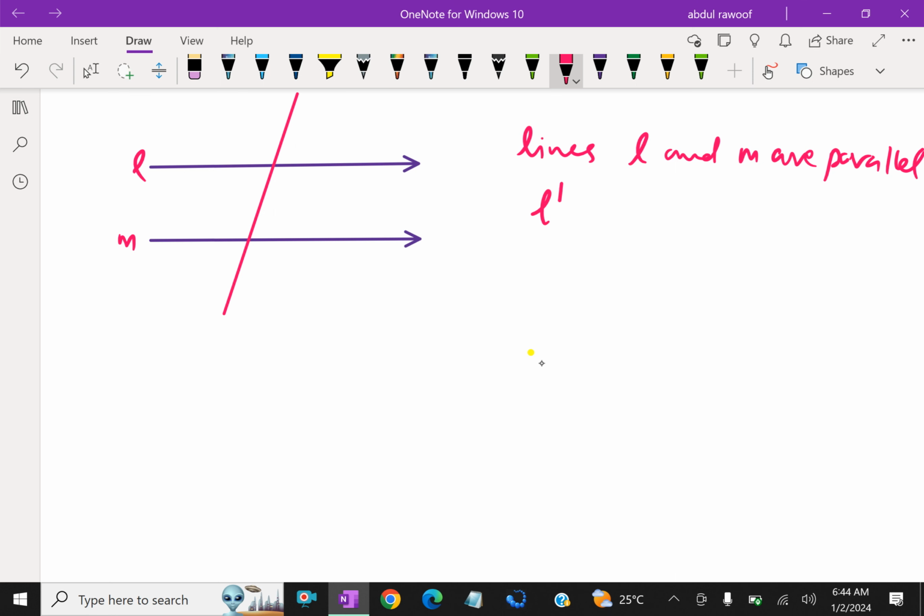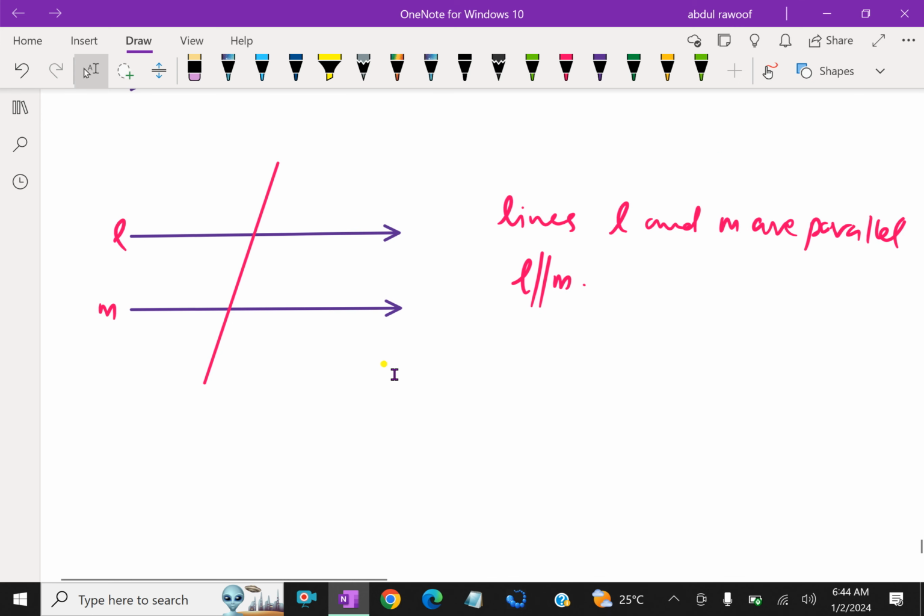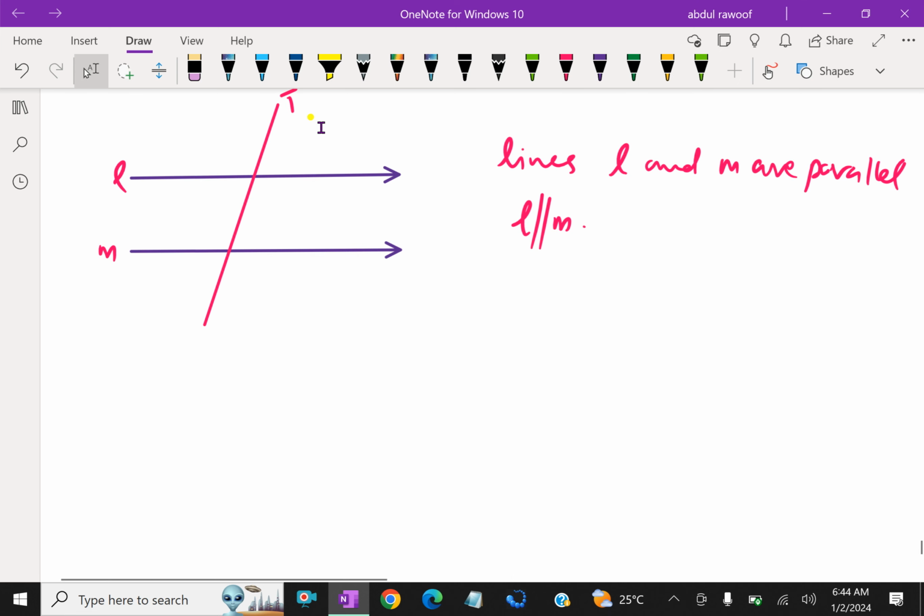That means line L is parallel to line M. Then this line, suppose here, the line T is called a transversal. That means one line crossing two parallel lines is called a transversal.